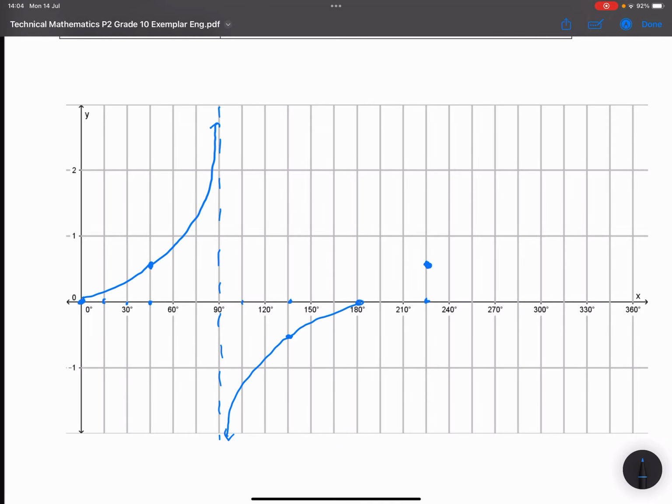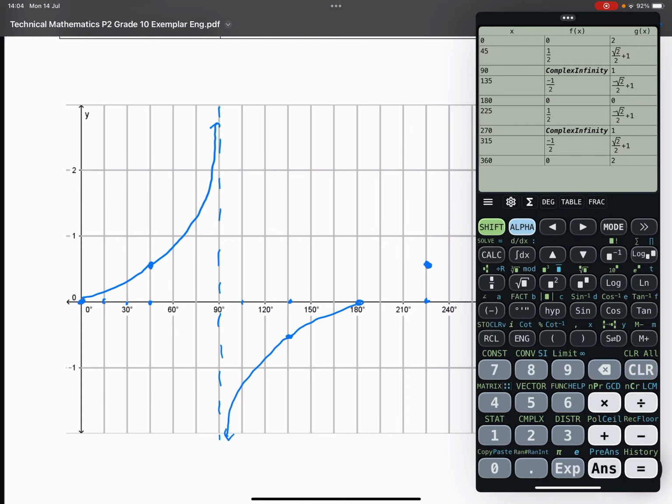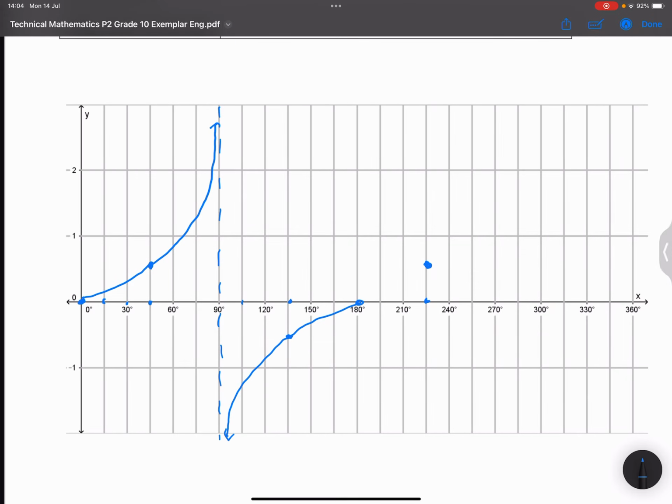And we know at 270, we've got that to be infinity again. So we know 270 would be our other asymptote. And please, guys, take this as slowly as you need to. All right, so there's our tan graph.